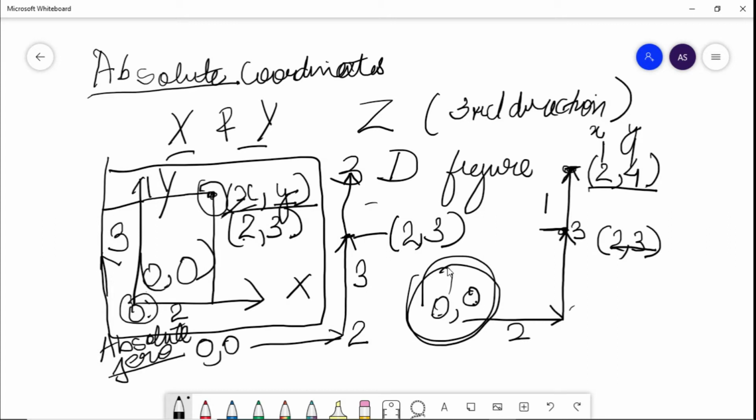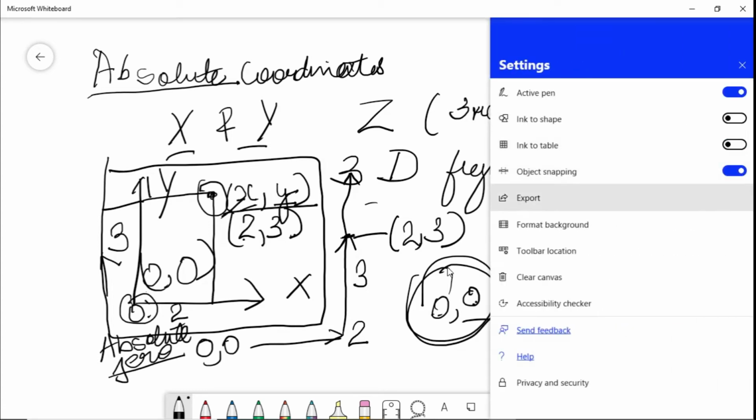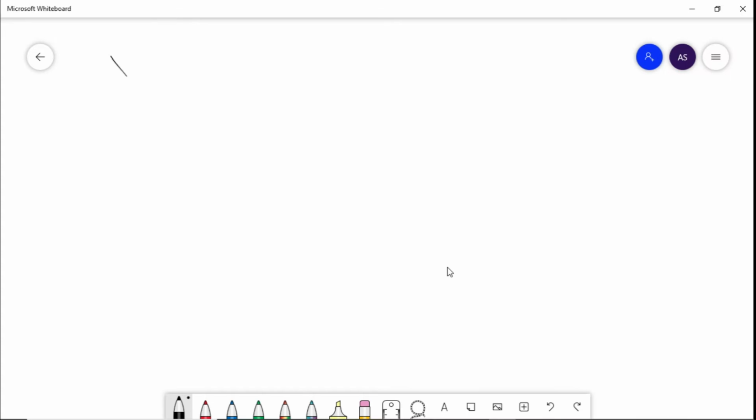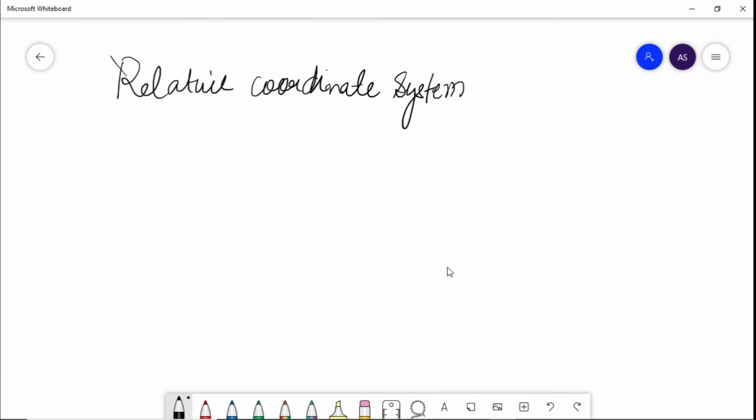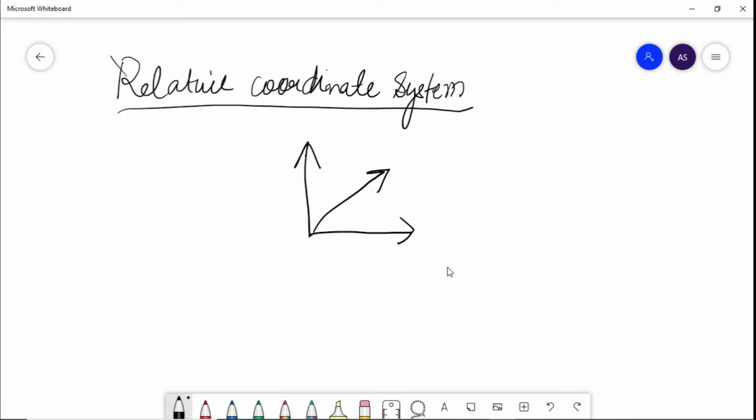Okay, now let's continue with the second system, which is the relative coordinate system. Although we can always use another type of lines to draw simple lines in y direction or in x direction or in other different directions.